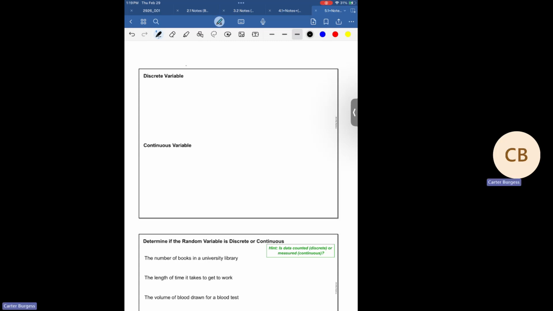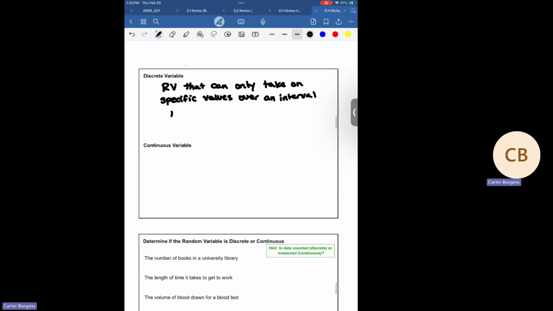So a discrete variable is going to be a random variable that can only take on, I like the way Liz described it here, can only take on specific values over an interval.